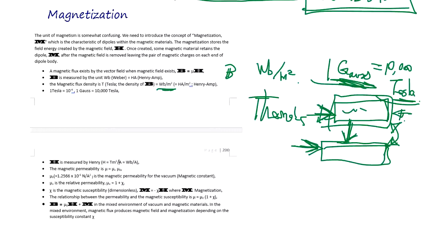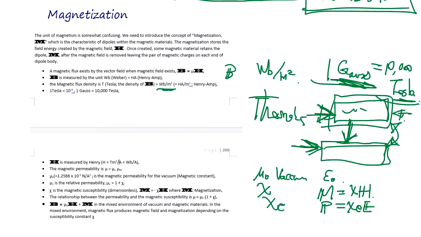Okay, so magnetic field has the same coefficient, permeability in the vacuum, which is corresponding to this, and susceptibility, where the dipole is generated by magnetic field, just like the dipole is generated by electric field, right?